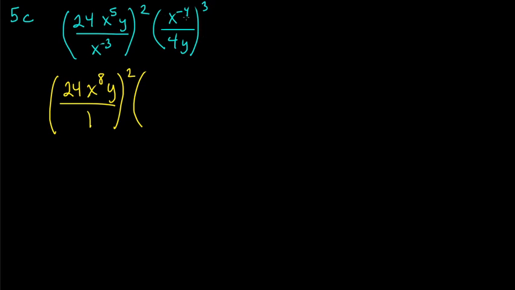And in the second factor, we have x to the negative 4, but that's just 1 over x to the positive 4. And then all that to the power 3.